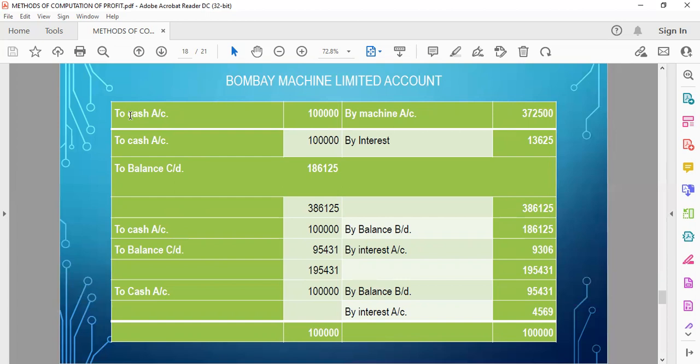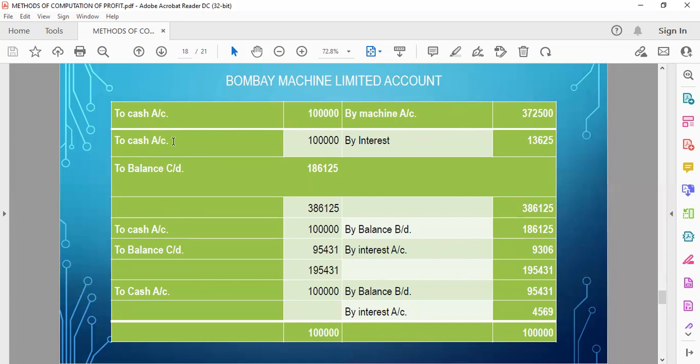Okay, to cash account 1 lakh. Then by interest, the first year we are paying interest how much? 13,625, right? So the first installment amount year end how much we are paying? 1 lakh rupees. That amount also we should write here to cash account 1 lakh rupees.